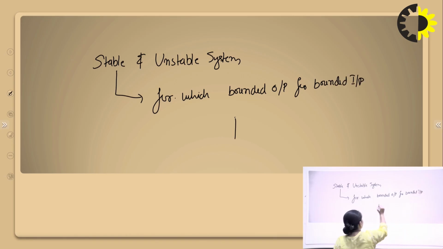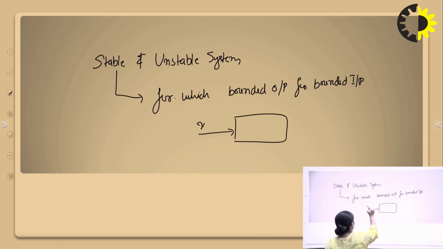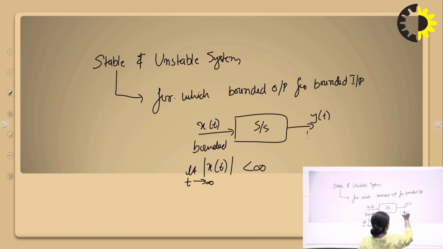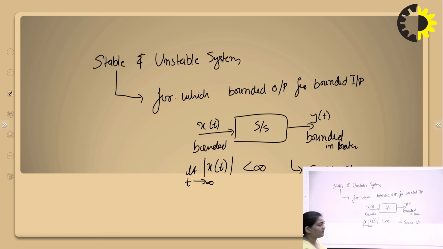For example, if I have an x(t) that is bounded, meaning x(t) as t tends to infinity should be less than infinity, that is a bounded signal. So for a bounded x(t), if we have a y(t) which is also bounded in nature, then this is a stable system. Otherwise we have an unstable system.